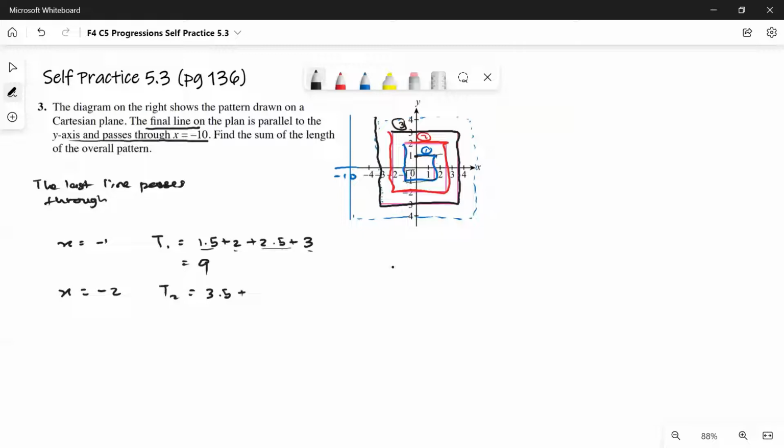By now we should be able to predict the length that comes after. We just need to take the 4 sides: 3.5 plus 4 plus 4.5 and then +5. Just to double check, look at the red line. We have 1, 2, 3.5, and then coming down from 2 to -2, so 4.